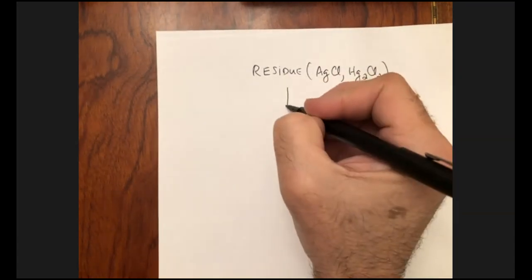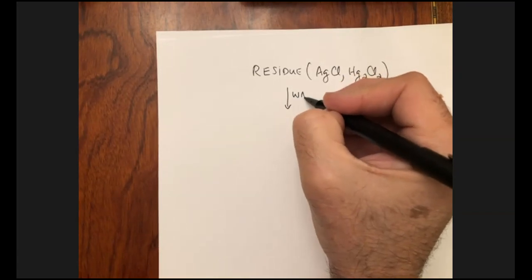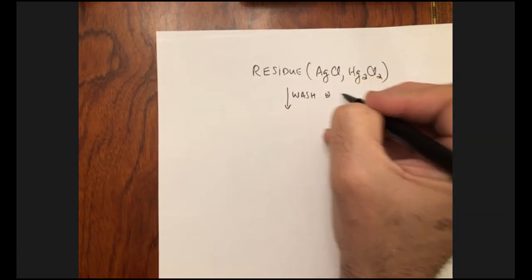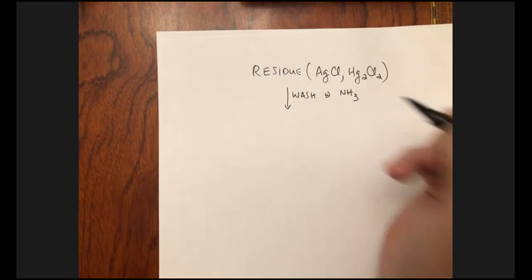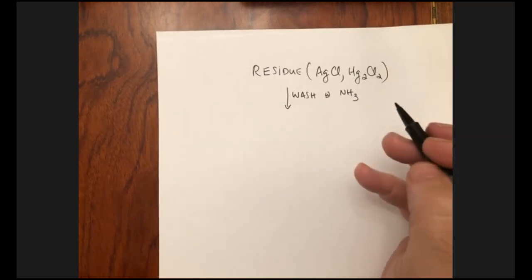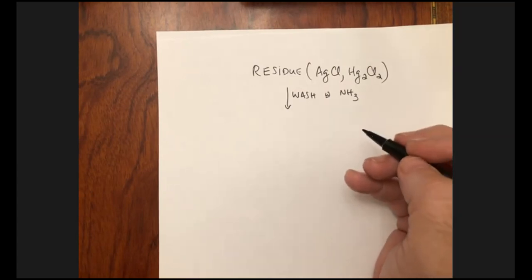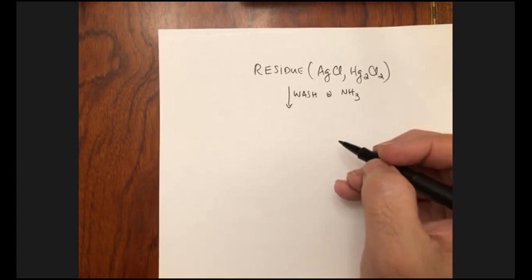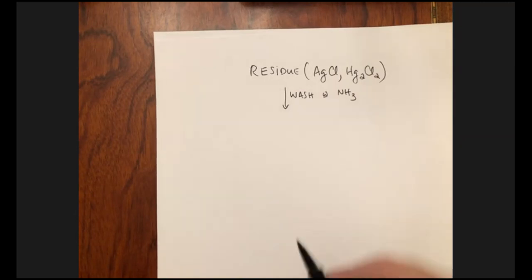What we're going to do with this is a wash with ammonia. Notice that in this explanation, I'm not giving you details about the molarities or concentrations because that's all in your lab manual. I'm just going to give you an idea of the strategies here. Now, here's what happens.